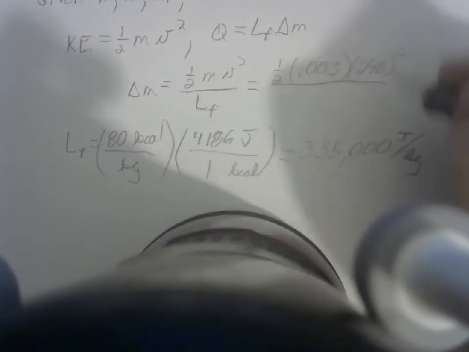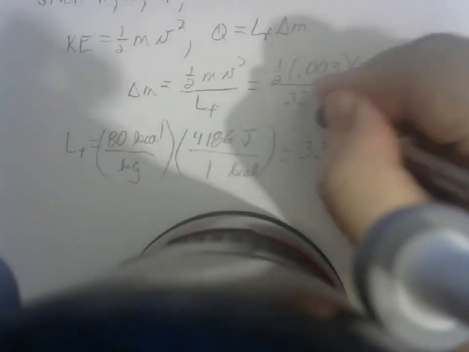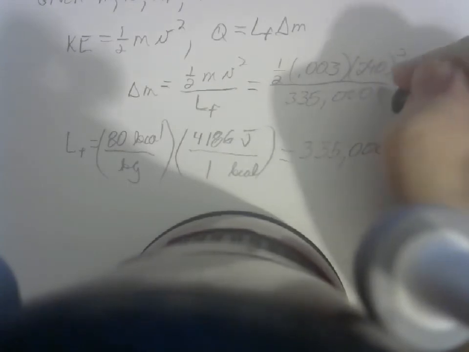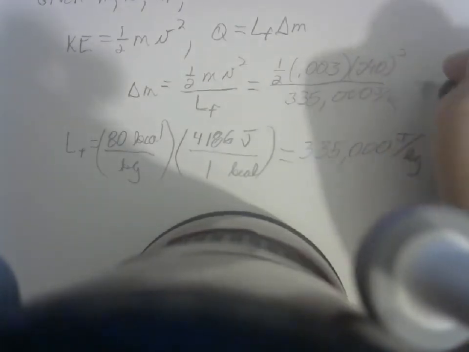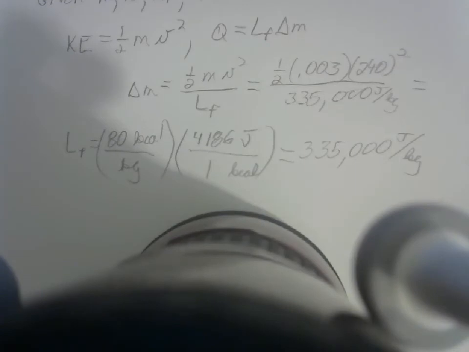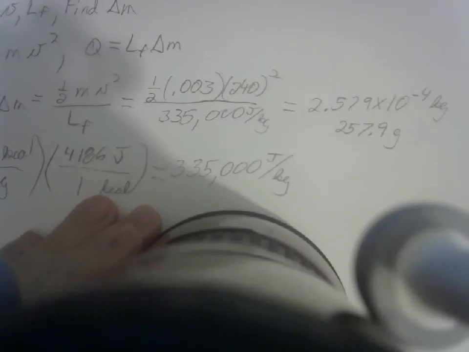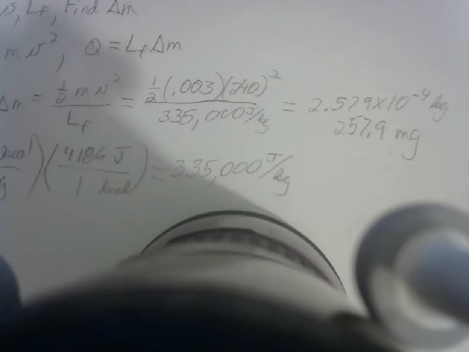And finally, L sub F, we want to make sure that is in SI units as well, so it's 335,000 joules per kilogram. So the answer is 2.6 times 10 to the negative fourth, or about 257.9 grams. I'm sorry, not grams, it's 257.9 milligrams, which is a very small amount of ice to melt.